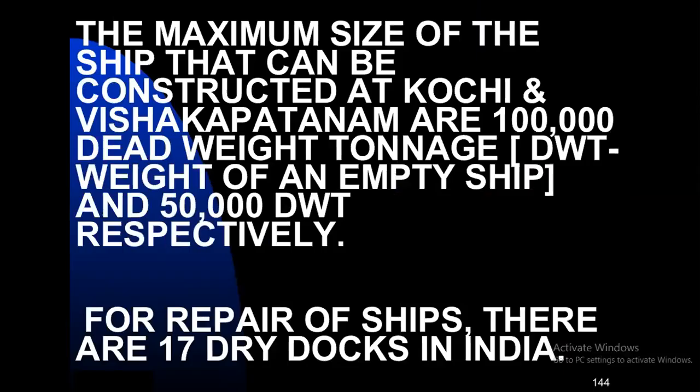The maximum size of the ship that can be constructed at Kochi and Visakhapatnam is 1 lakh deadweight tonnage, which is the weight of an empty ship, and 50,000 deadweight tonnage respectively. For repair of ships, there are 17 dry docks in India.